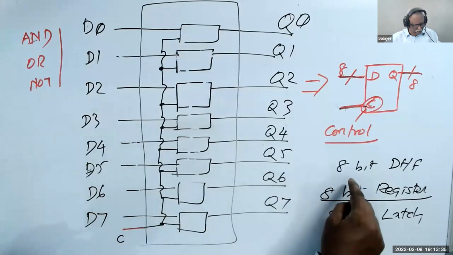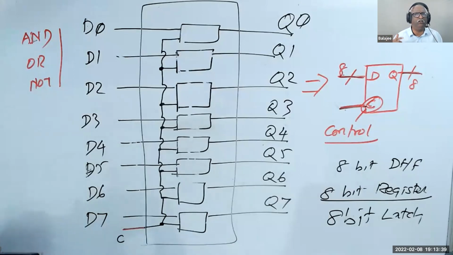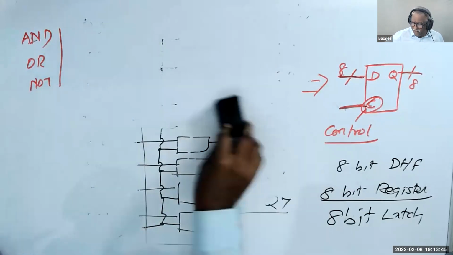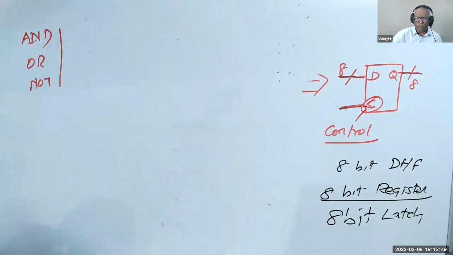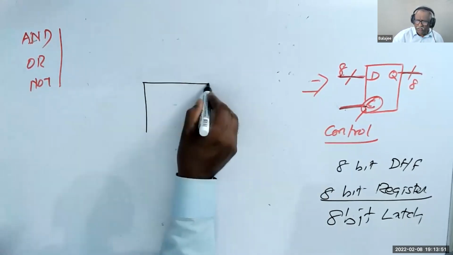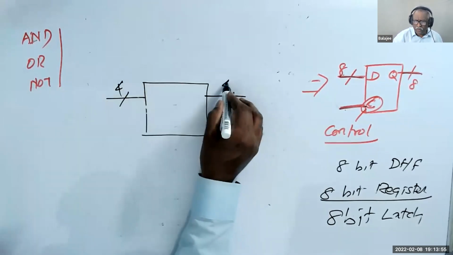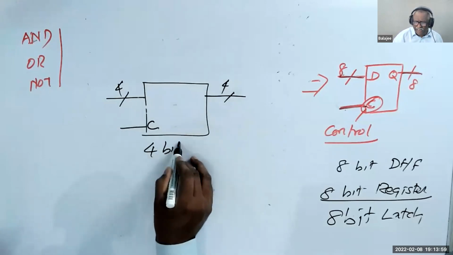And see here, somebody has asked why we are giving a common clock signal, then how is it called a latch. Now this is called an 8-bit latch. That means if I have a block with 4 inputs and 4 outputs and a control signal, we call this a 4-bit latch.